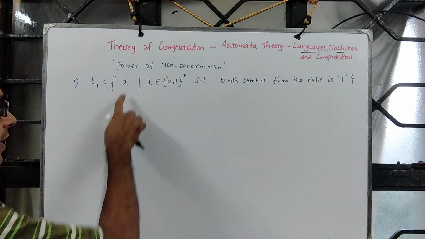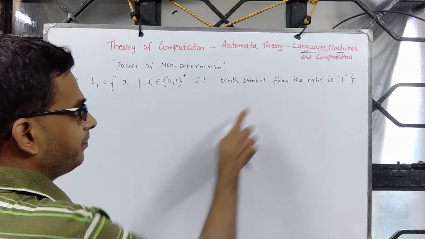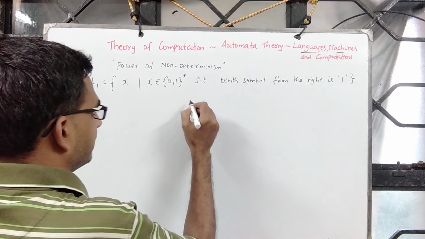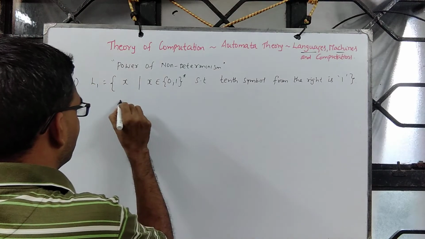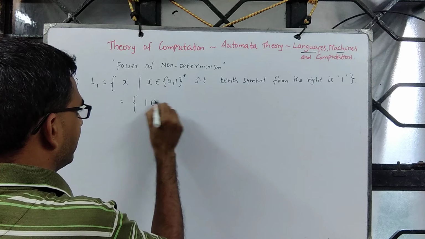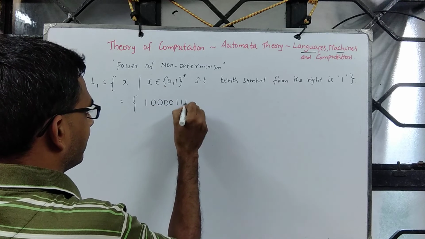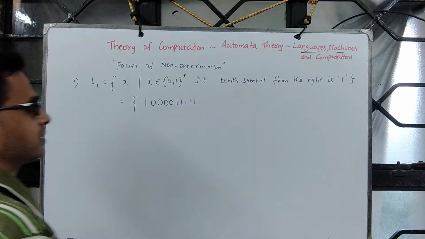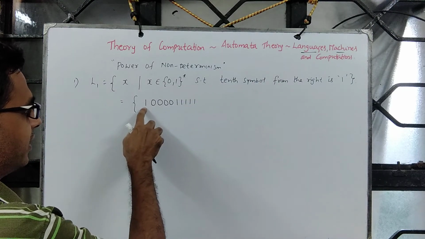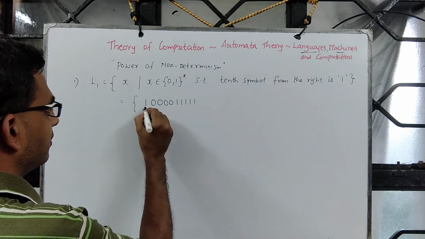So if you look at any x in L1, it has this property: the 10th symbol from the right is 1. So which means, for example, suppose 1 followed by say 4 zeros followed by 5 ones. So 5, 4, 9, 10th. So the 10th symbol from the right is 1.